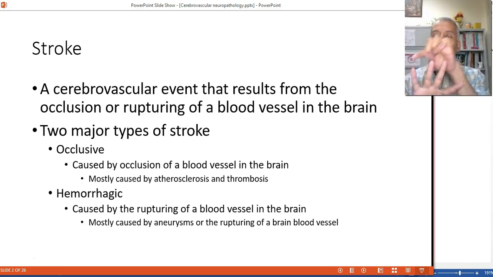As a result, the entire area supplied by this blood vessel is going to start to infarct. And we'll speak about infarction and what it exactly means. So the first kind, again, is occlusive, which results from blockage of a blood vessel by either a blood clot or a piece of plaque that gets dislodged from an atherosclerotic artery.